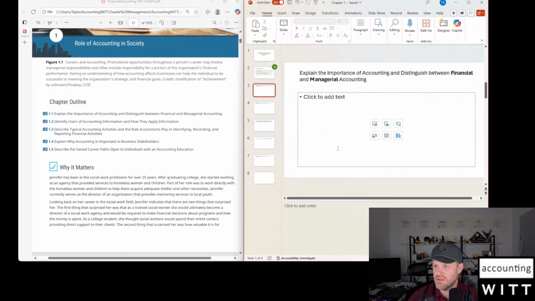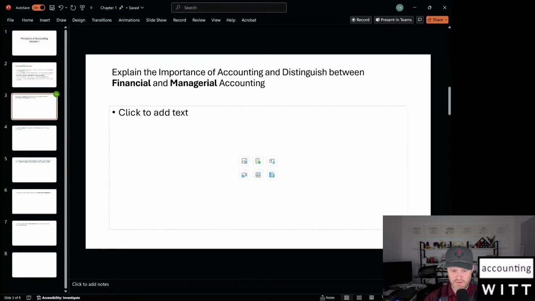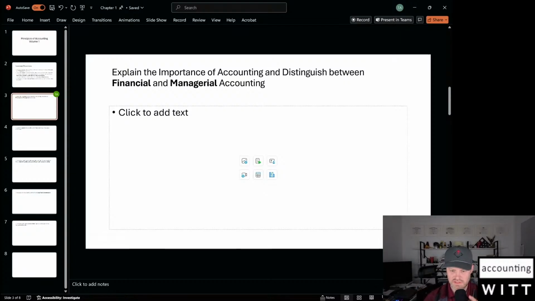So here, I'm going to switch over to my other screen where I can draw. The thing I immediately think of when we're talking about distinguishing between financial and managerial accounting, and the reason I'm not going through the textbook yet, is I'm trying to lay the foundation of what I know already and set the perimeter, so that as I'm reading, I can be filling in gaps and updating the mental models that I already have.